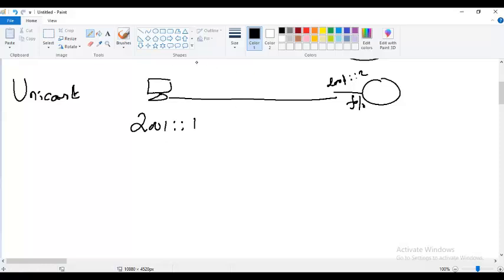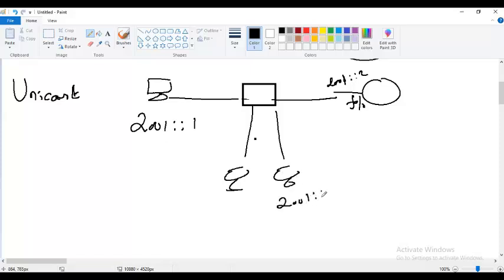I may have multiple devices connected through a switch in the middle, but they all have a unique address called a unicast address. So when you send traffic to 2001::2, it only goes to the router, not to the other two computers.